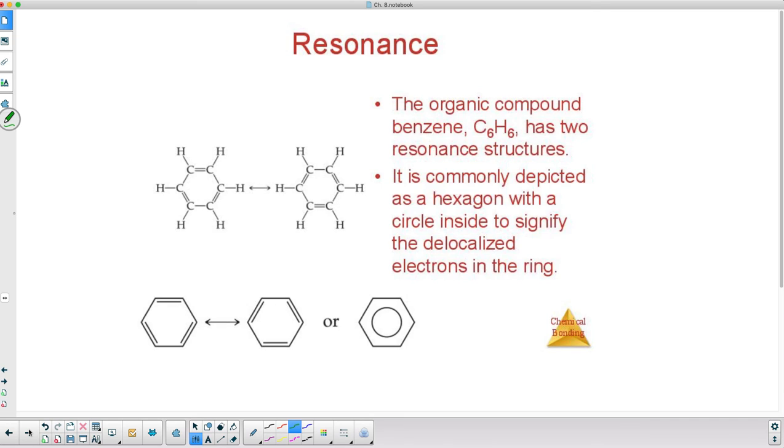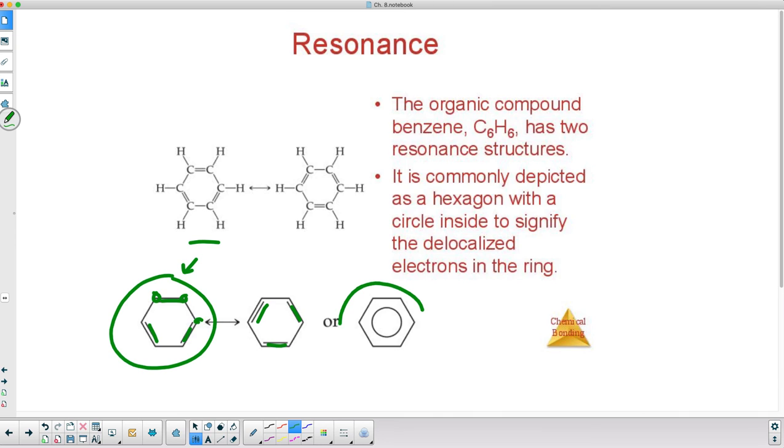These structures here, when they write organic compounds quickly, at every corner is a carbon, and you can see the single and the double bond. There's a carbon there, just like you see up here. These two are exactly the same. So they have one where the double bond's on the top, bottom left, bottom right, and then they have them where they switch places, where it's on the bottom, top right, top left.